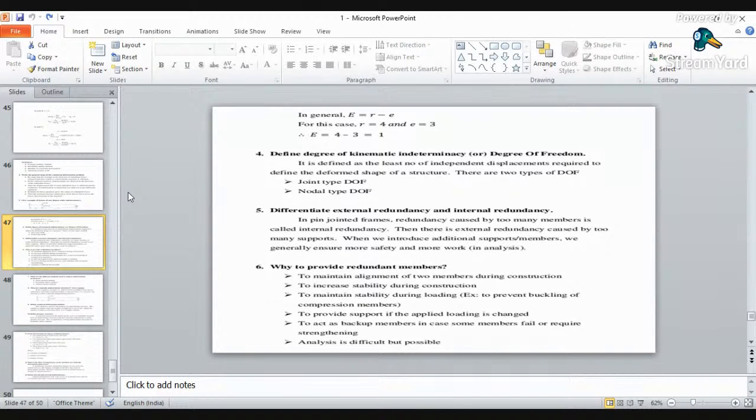In pin joint frames, redundancy caused by too many members is called internal redundancy. External redundancy is caused by too many supports, that is, by external loading or external support.